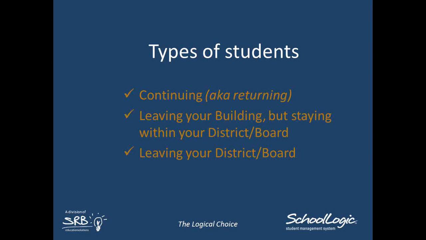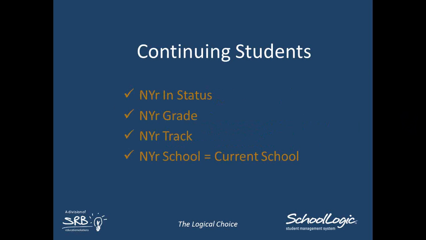There are students who are leaving your building but staying within your district, and then students who are leaving your district altogether. So for the purposes of next year tracks, grades, and statuses, we care about these 3 types of kids. And this is how we're going to approach your choices on the next year tracks, grades, and statuses window.